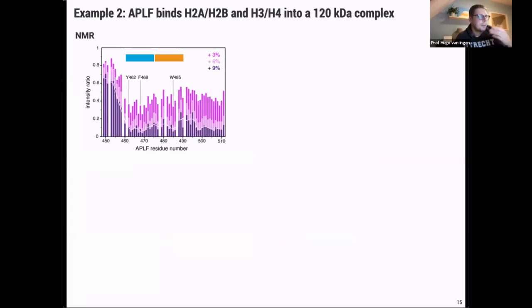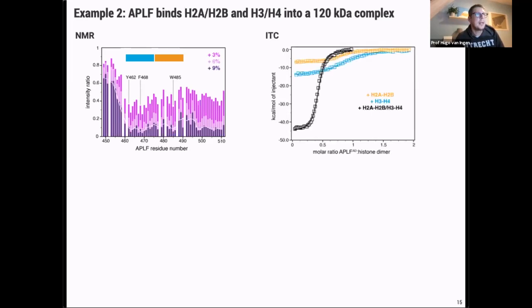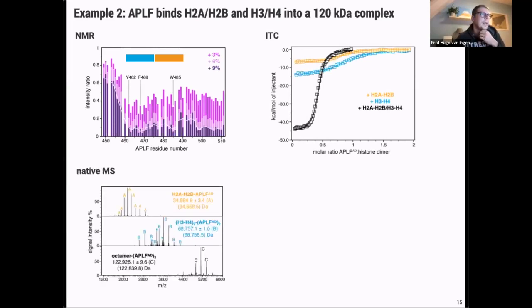And from NMR, we see that if you add all the four histones together, we lose the signals in both binding domains. From ITC, we see that this is really a very tight interaction when you add all the histones together.